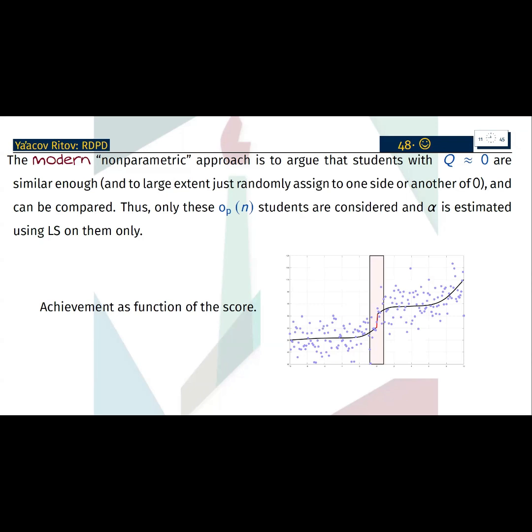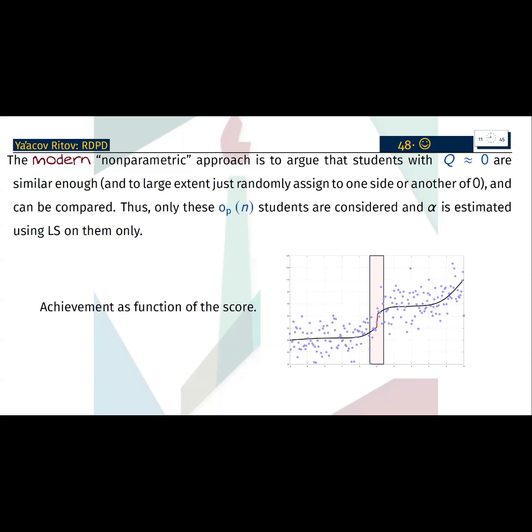So if I want to compare students which are similar with respect to Q, and some of them got the treatment and some of them didn't, I'll restrict my attention to the pink area, which I'm not sure that you can see is pink, the square. And here I say Q is fixed, it's more or less 0, and I can compare the direct effect of the treatment on this group of students.